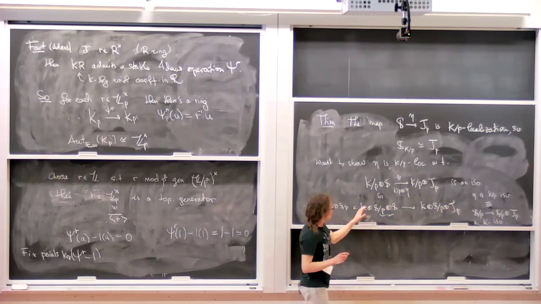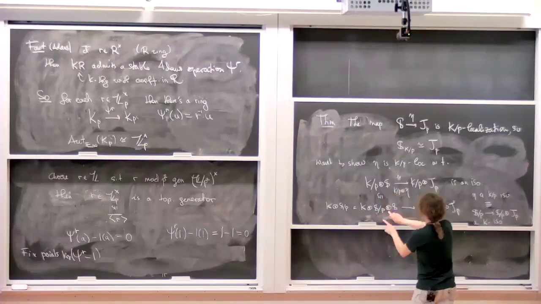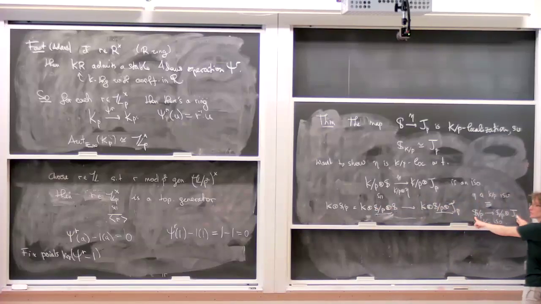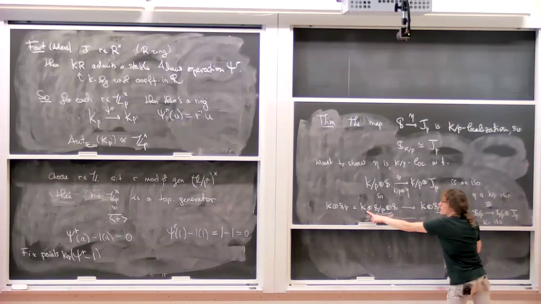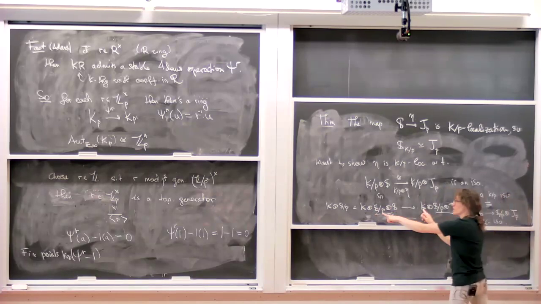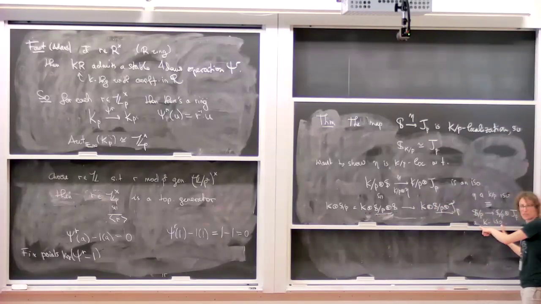Okay, so now I have a map, right? This inner bit. So I have the map from this bit to that bit, which I wrote here, okay? And I want this map to be an isomorphism, but that's the same as this map being an isomorphism after tensoring with K, okay? So I want that this map is an isomorphism in K theory. So that's an equivalent thing.